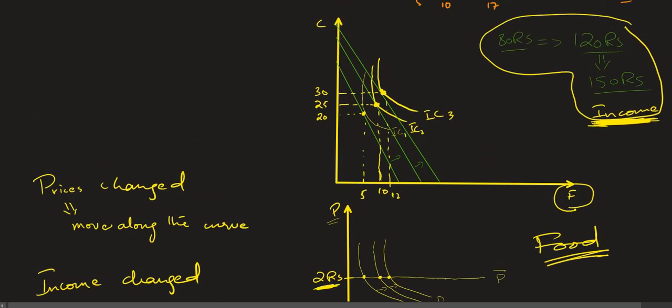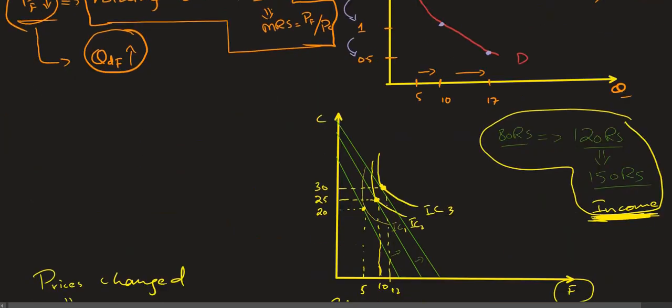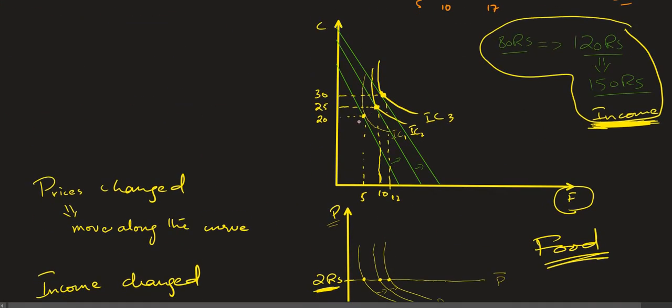And as we have discussed regarding the concept of the price consumption curve here, exactly the same concept will come here too. In this particular case, upon joining these 3 points, what we get is the income consumption curve.